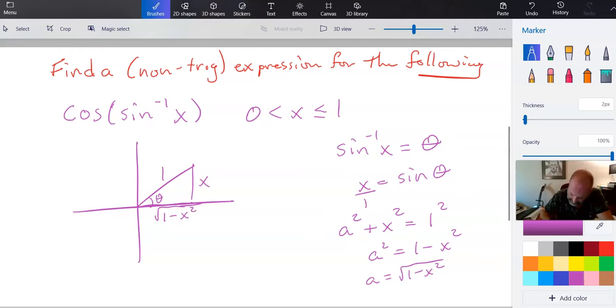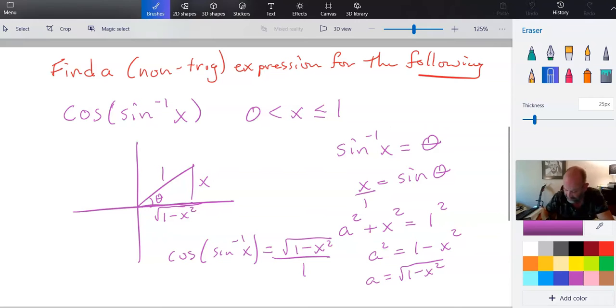And so that means that cosine of sine inverse of x is equal to the square root of 1 minus x squared over 1. And so you don't really need the over 1.